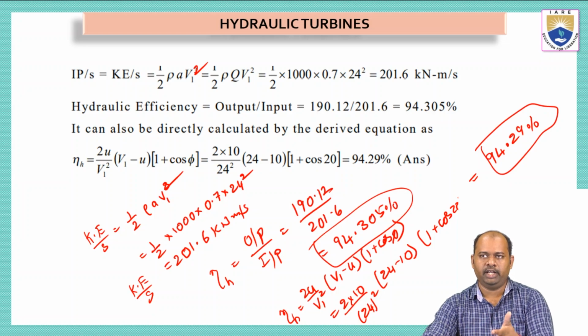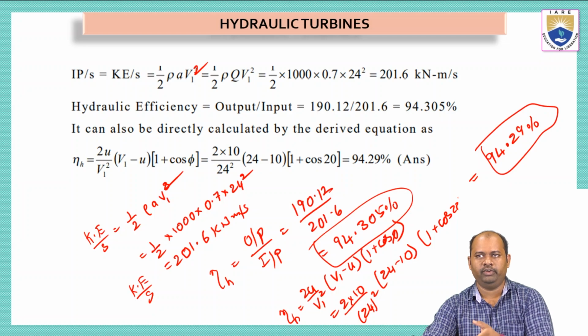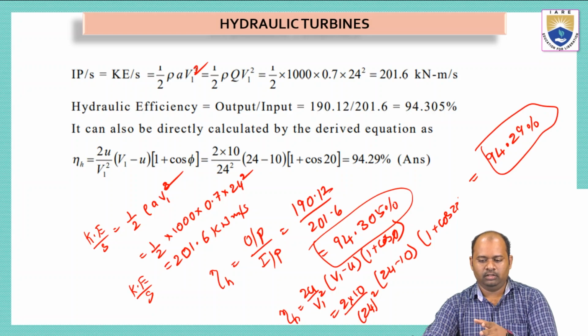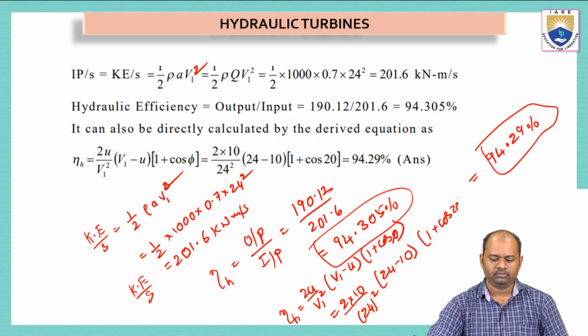From this we got 94%, and by using this hydraulic efficiency formula also we got the same efficiency. So the two things we had to calculate in this problem are power and hydraulic efficiency, and both of them have been calculated.